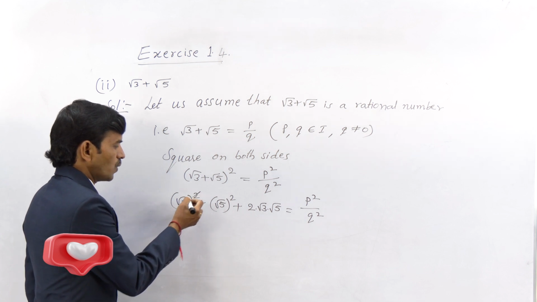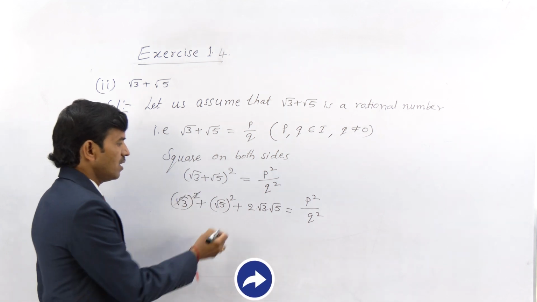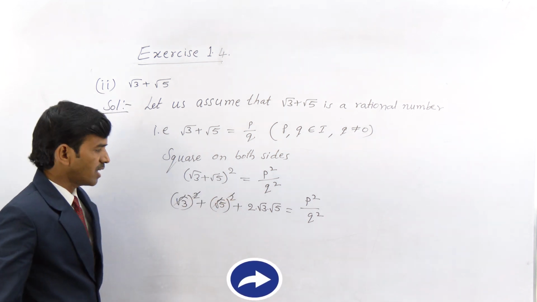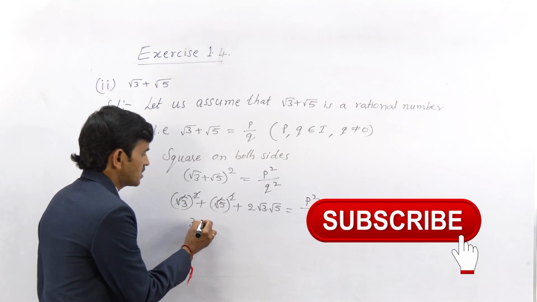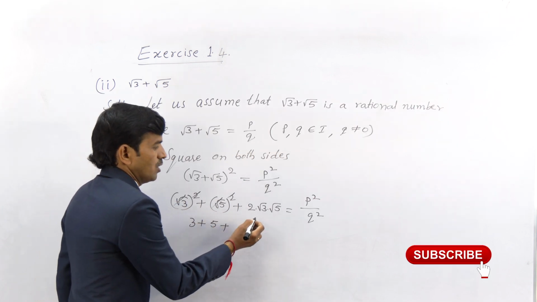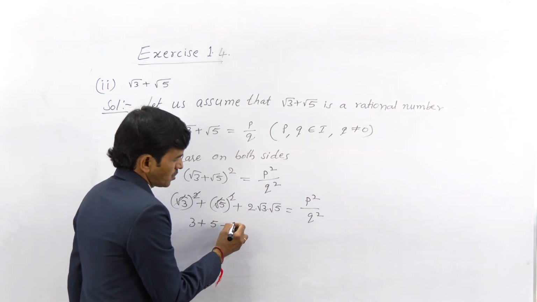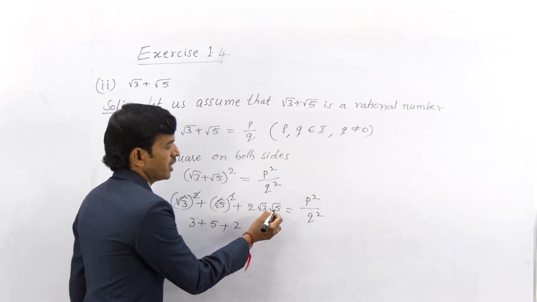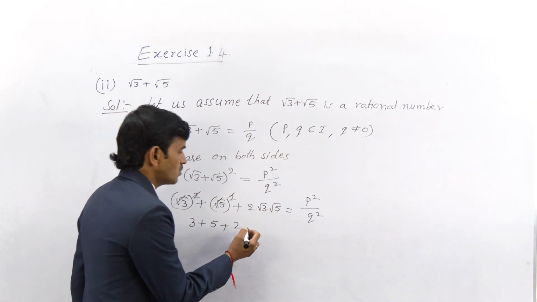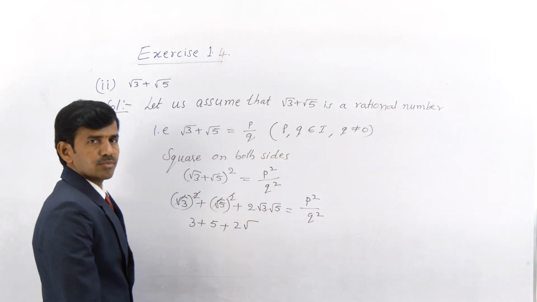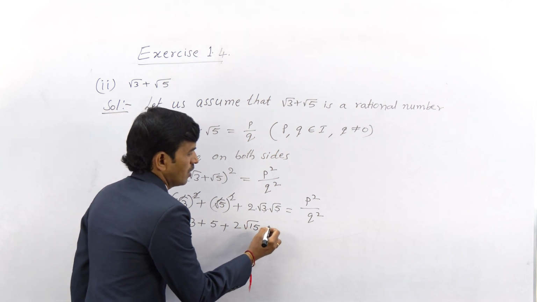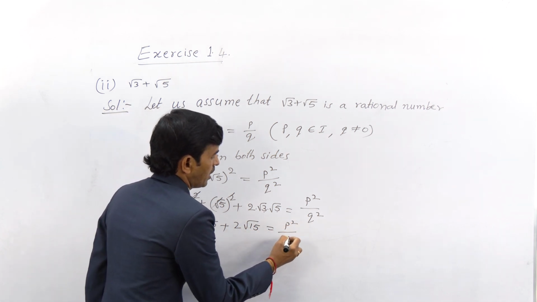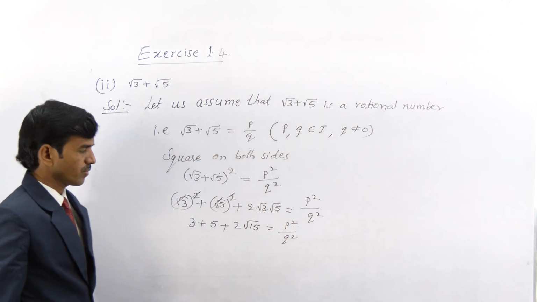Here square and root get cancelled. 3 plus 5 plus 2 times root 3 into root 5, which gives root 15, is equal to p square by q square.